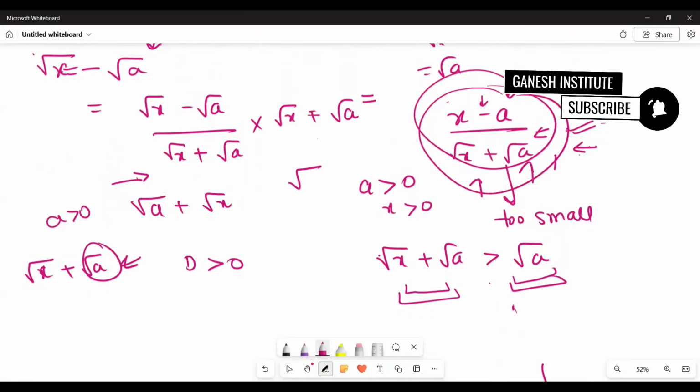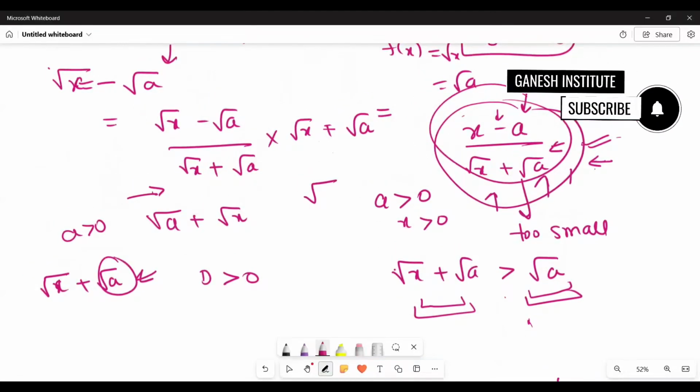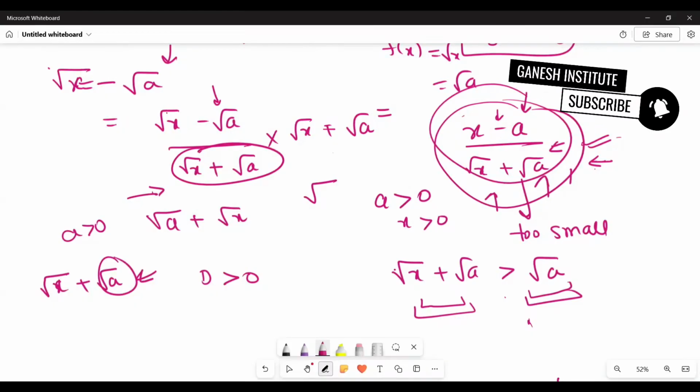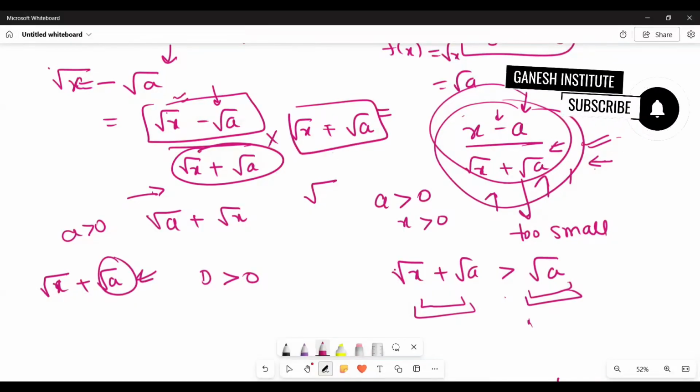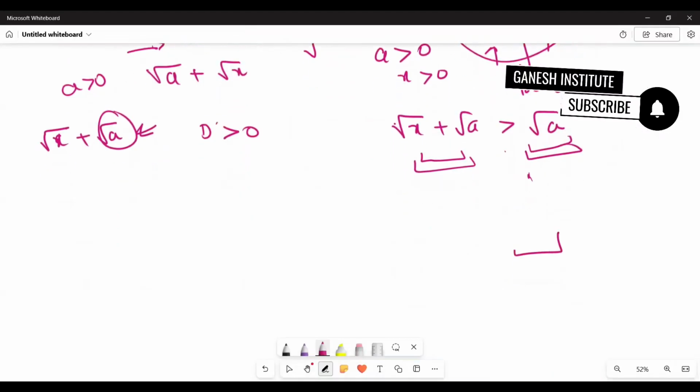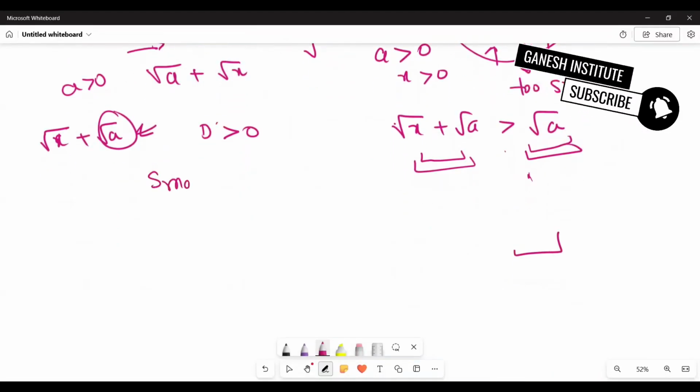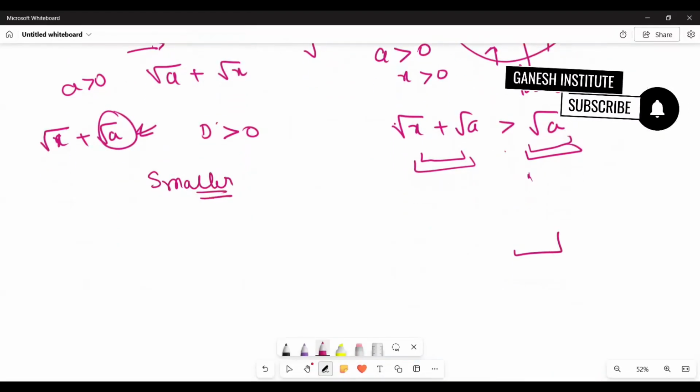You can give this as one of the scenarios wherein you are trying to prove that the denominator is bigger than the root a value, which is making the numerator form smaller. And if your fraction is coming out smaller, what does it mean?